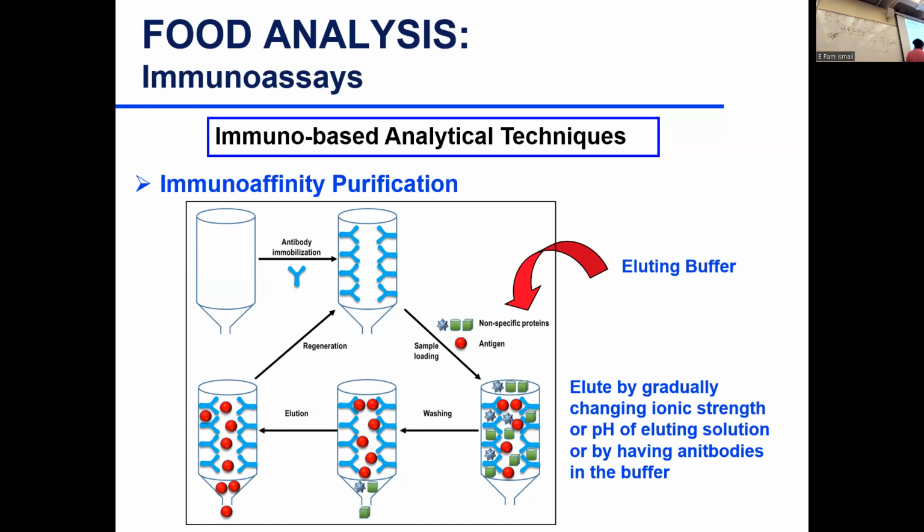Everything else will be washed off. Then if you want to collect, you change your mobile phase. Remember, you enhance the strength of the mobile phase. Either you change the pH or ionic strength, because then you disrupt the nonpolar interaction, or you can add free antibodies to the mobile phase, and then your antigen will come out.